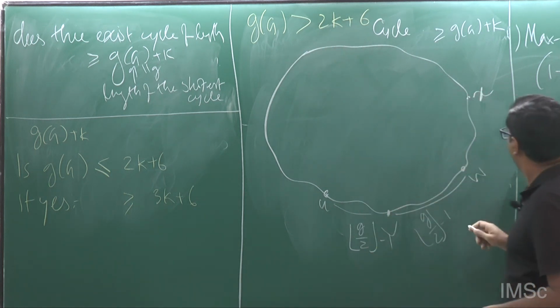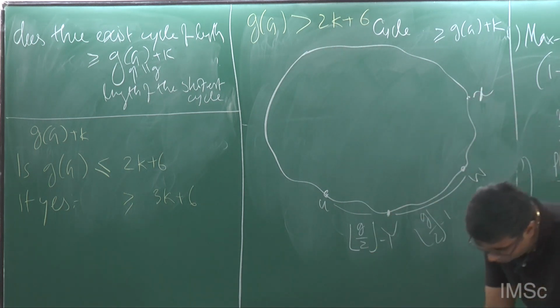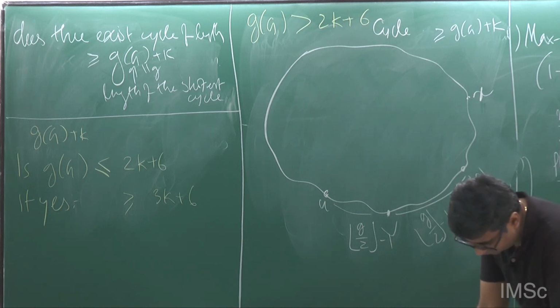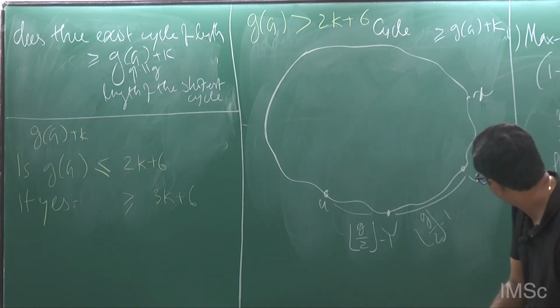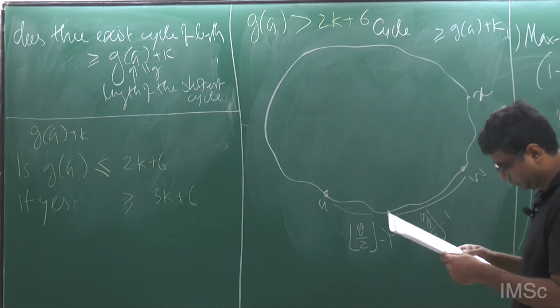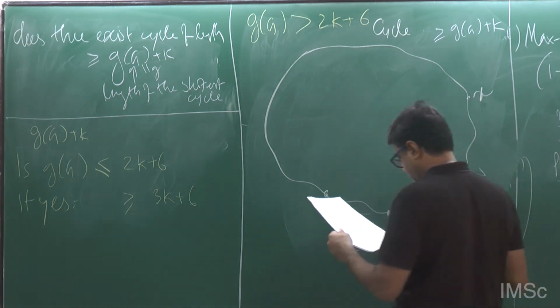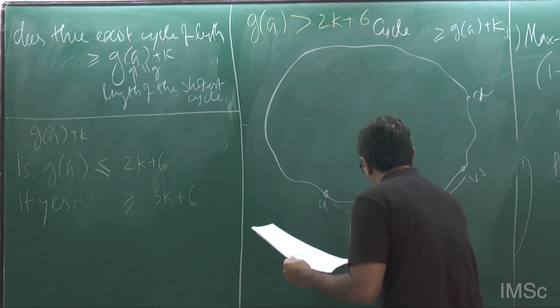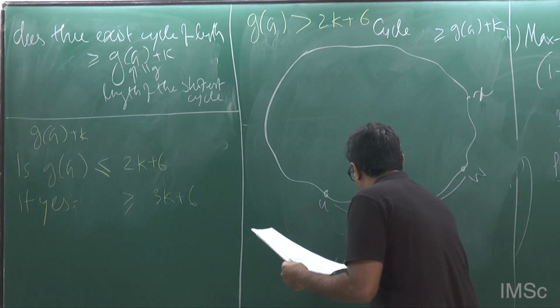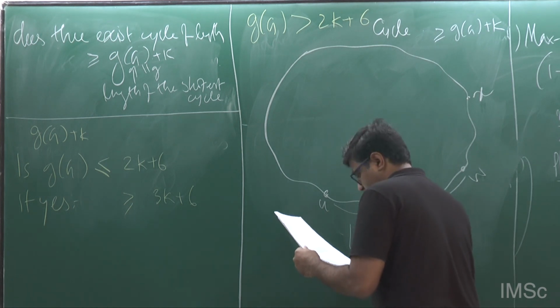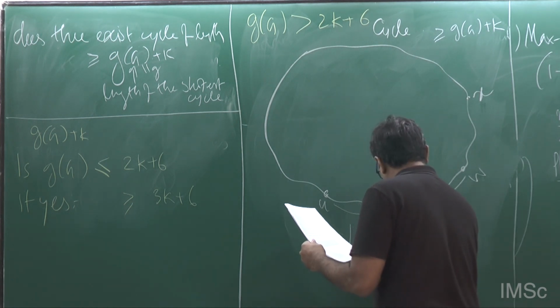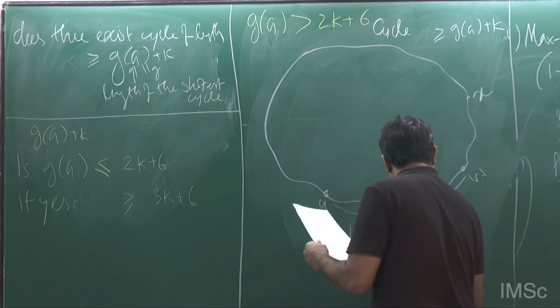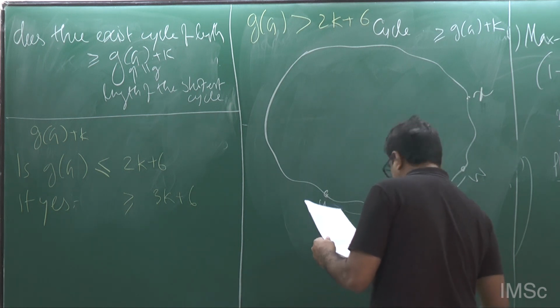And what is x? So x I'm going to take at additional distance, say k prime equal to g plus k minus 2 times g by 2 minus 1.